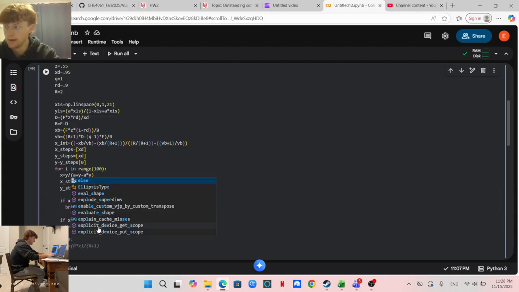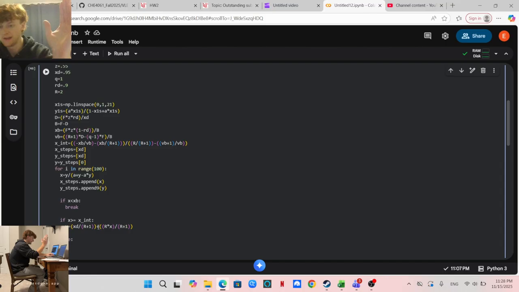Okay, and then we'll have an else right here. So if it's anything else, it's going to be past the intercept line, but in between, but not past the start of the stripping line, and we want it to end on the stripping line, which is why we have a break right there, because it's past that, we want it to stop.